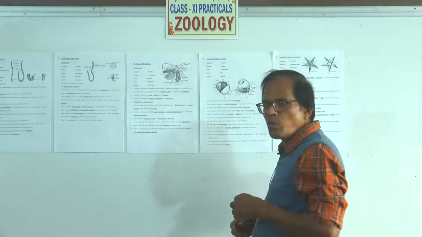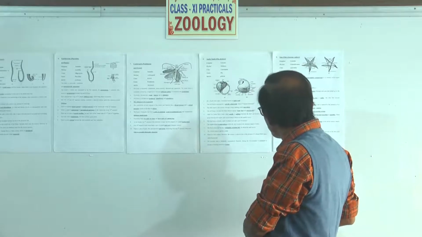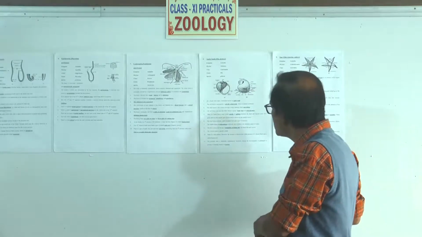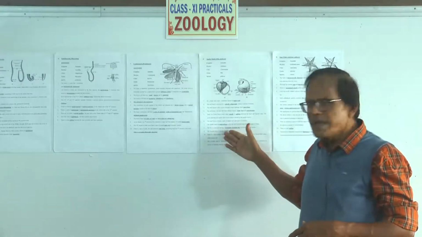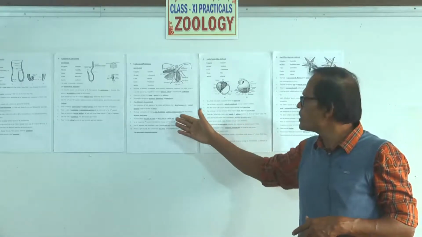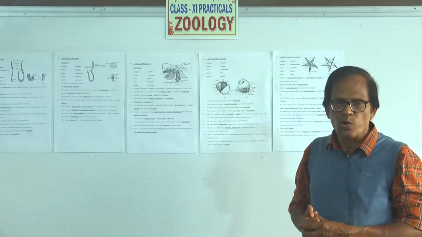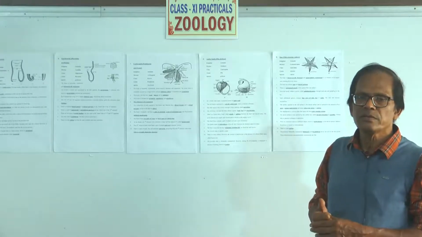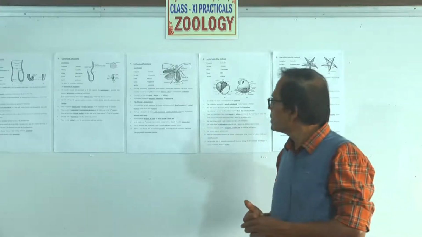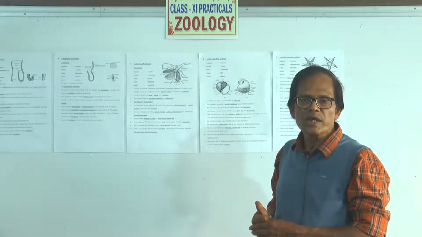There is a true coelom, and the coelom is reduced due to the presence of a blood-filled space called hemocoel. This is the identical situation in a cockroach. A true coelom is present in the cockroach, but the coelom's volume is terribly reduced due to the presence of a blood-filled space that is known as hemocoel.